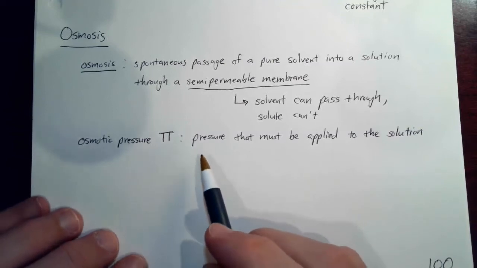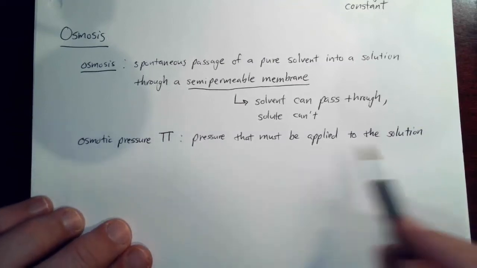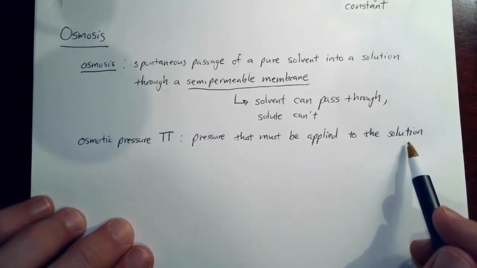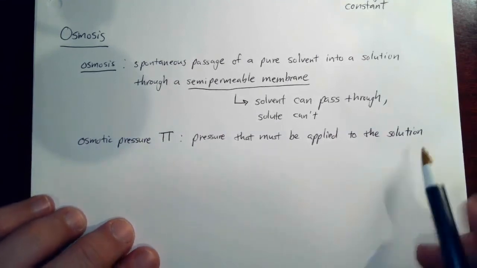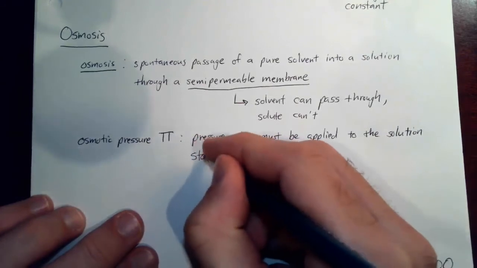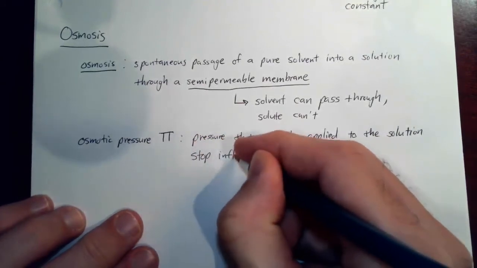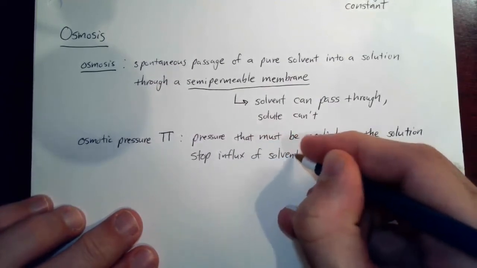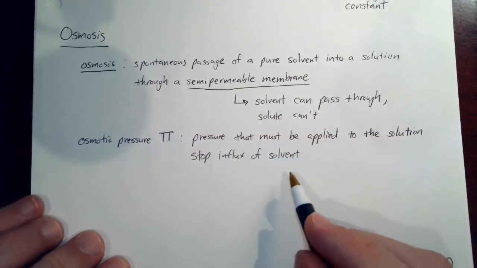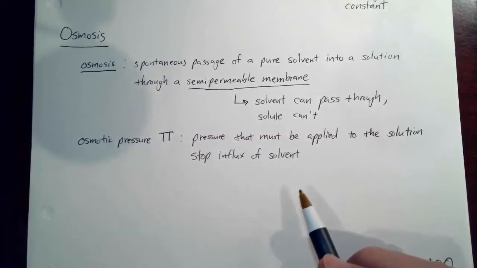And osmotic pressure is the pressure that must be applied to the solution. So it's an external pressure applied to the solution to stop the influx of solvent. So whatever pressure is required to stop the influx of the solvent, to stop osmosis.